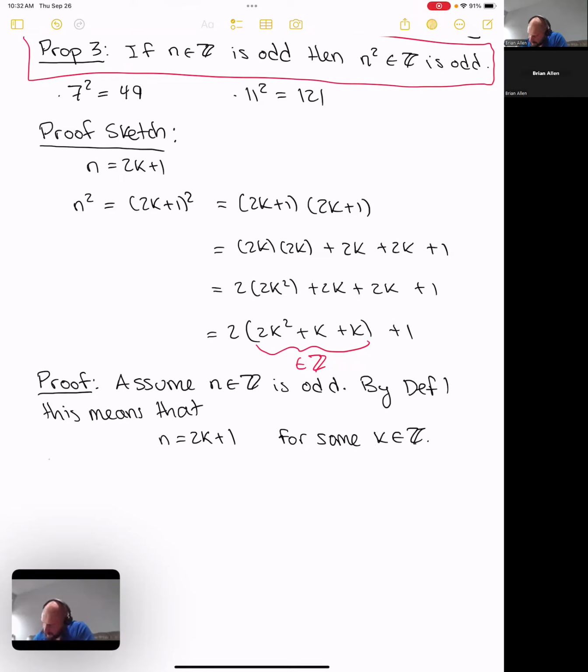Okay, so then we can start squaring, right? So I say n squared is equal to 2k plus 1 squared, which in this case we can start writing out as 2k times 2k.